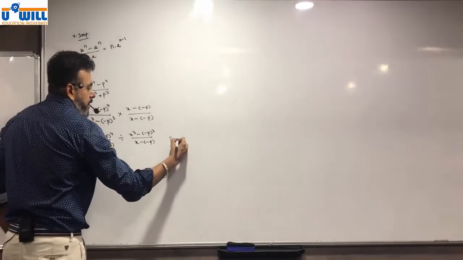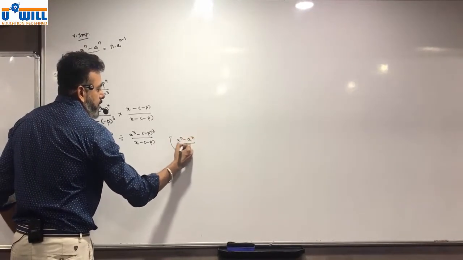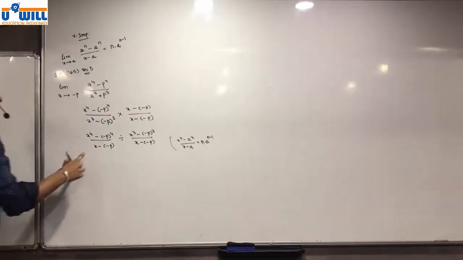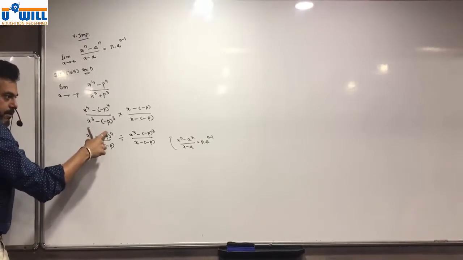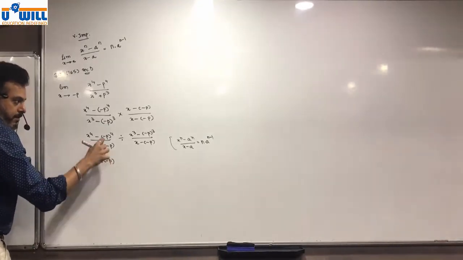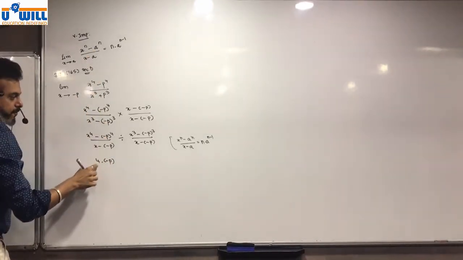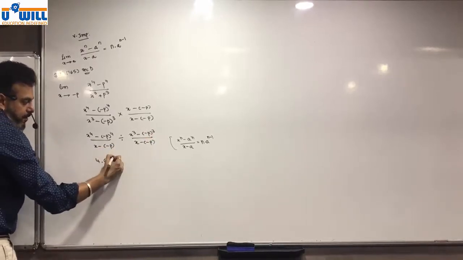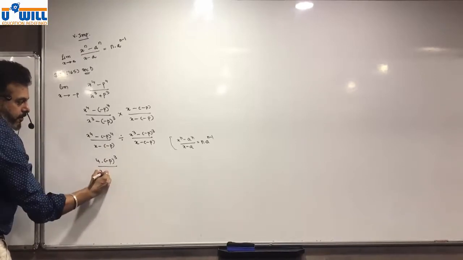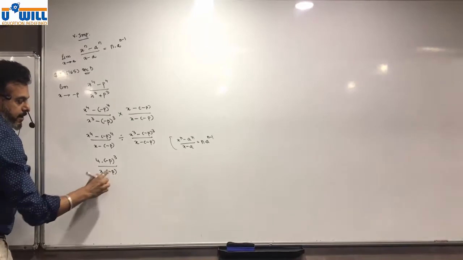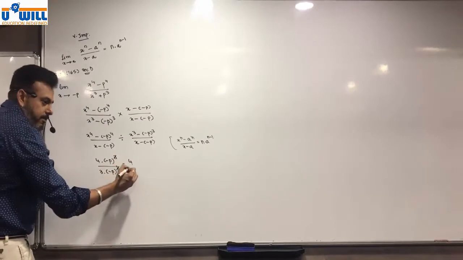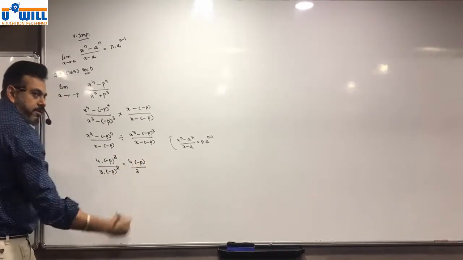We use the rule x raised to n minus a raised to n upon x minus a is equal to n into a raised to n minus 1. So over here, what is n? N is 4. So 4 into minus p, this is a raised to what? N minus 1, which is 3. Divide, so upon 3 into minus p, 3 minus 1 is 2, which is equal to 4, cancel, 4 into minus p upon 3.